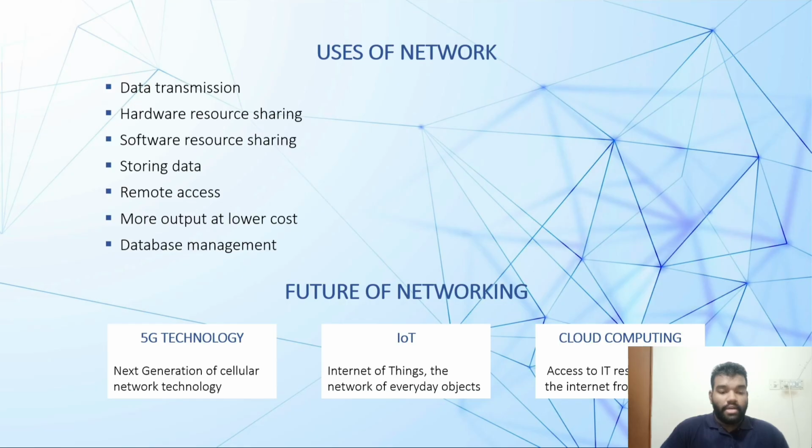Hardware and software are used less because of network resource sharing, which lowers the cost. Data can be stored in a central server, creating a database. This ensures safety of data, and this data can be found easily.